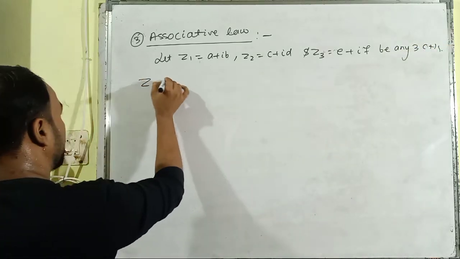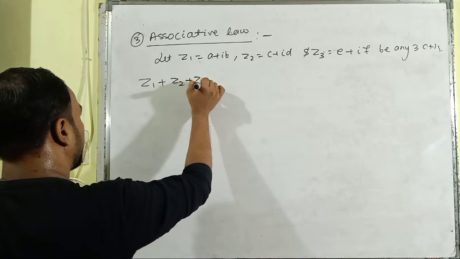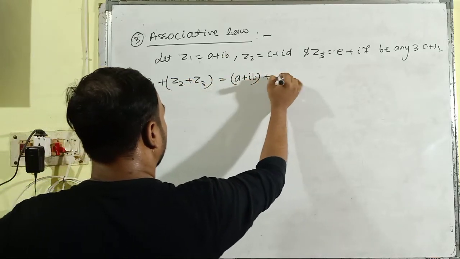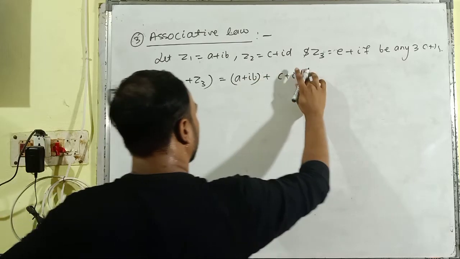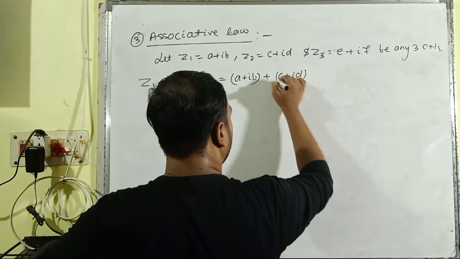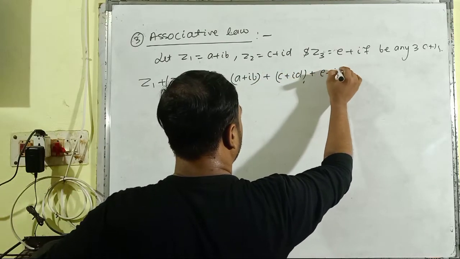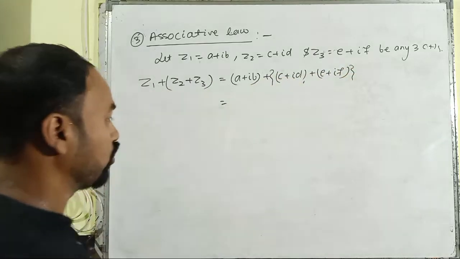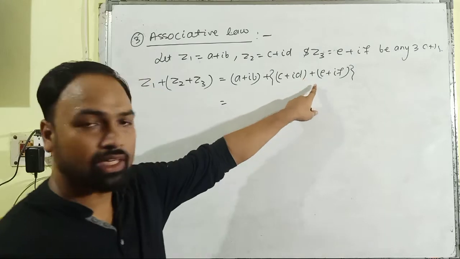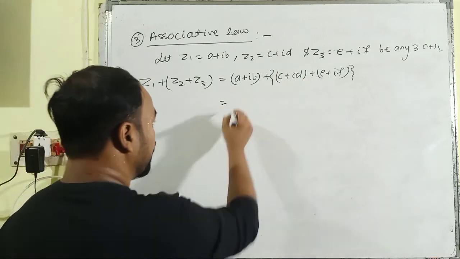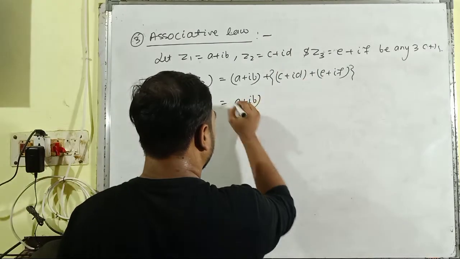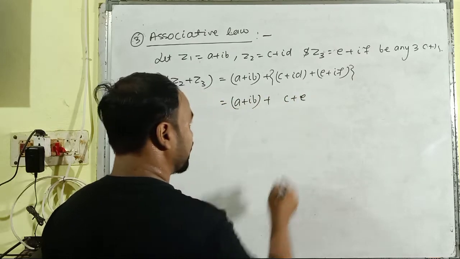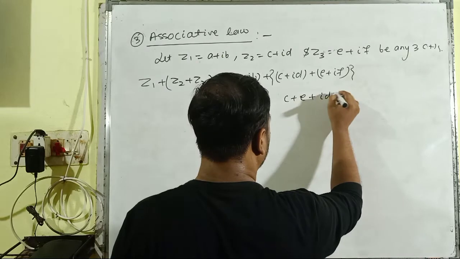Then Z1 plus Z2 plus Z3 will be a plus ib plus c plus id plus e plus if, and we have to first find the sum of the two complex numbers present in the bracket. So a plus ib, it is c plus e, adding the two real parts and then adding the two imaginary parts.